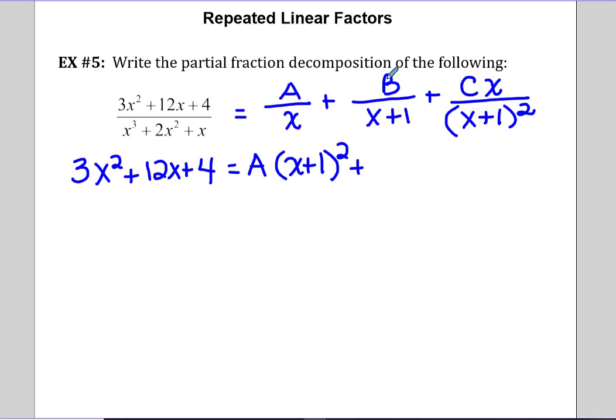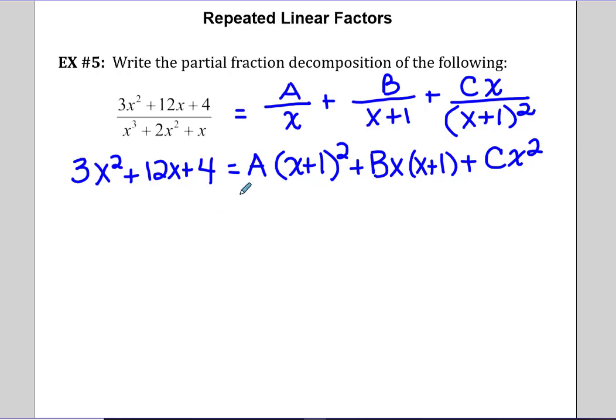And then this is going to be b times x times another x plus 1. And the c already has both of those factors, so it needs another x. So c times x. Let's see, we got to give this one a cx squared.